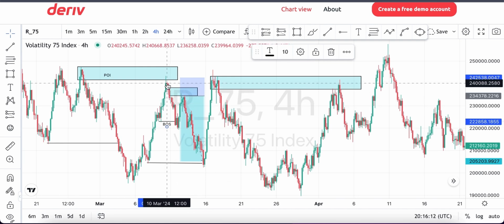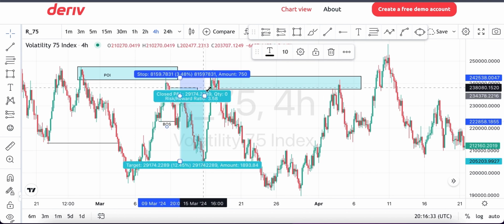Once price hit my POI, it came down and did a break of structure. Then after the break of structure, it created some level of imbalance around this area. If I go to my lower time frame, you will see that there's an imbalance around this area. So I marked out that zone.